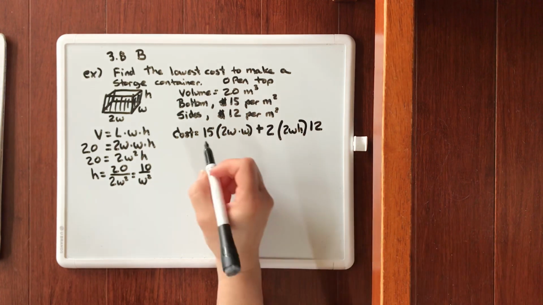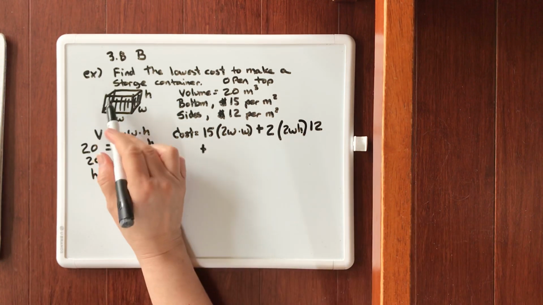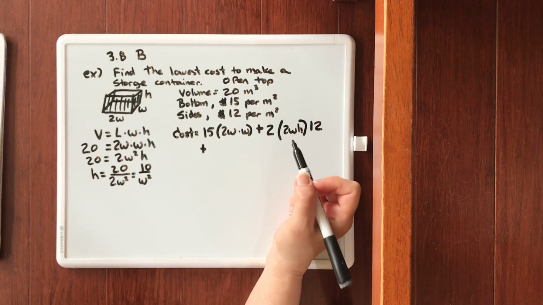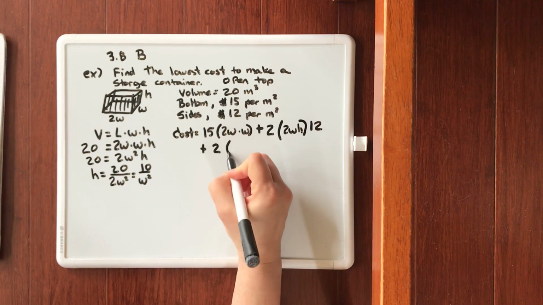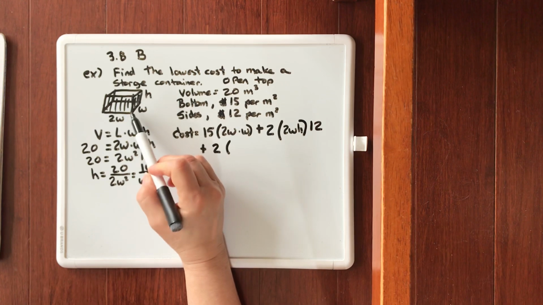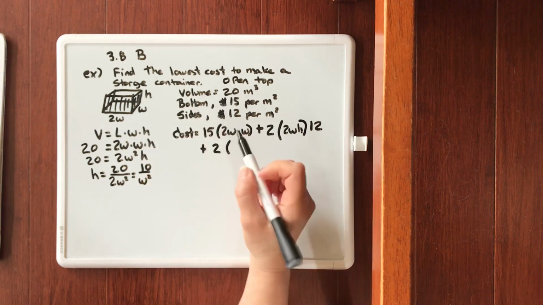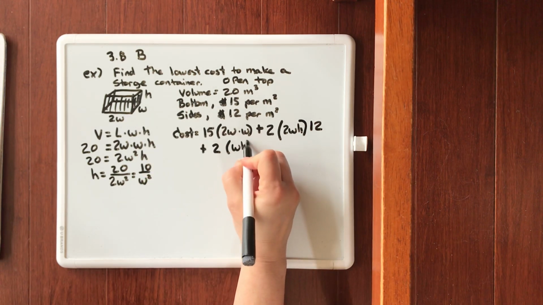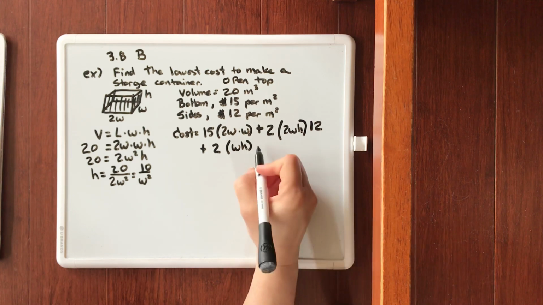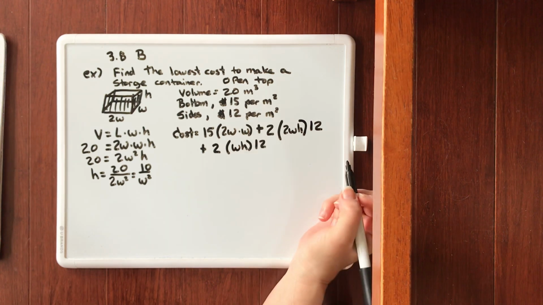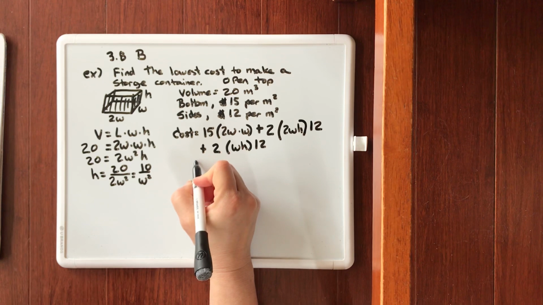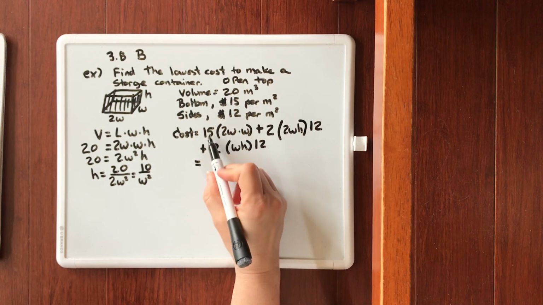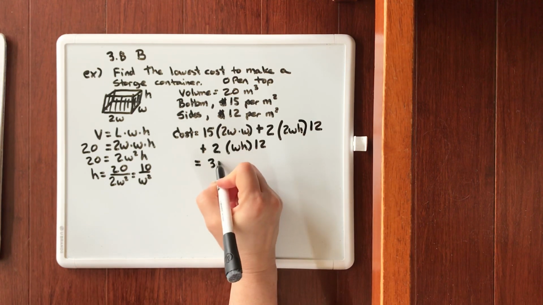Okay, we got to keep adding because now we have the left side and the right side. We have two of those, and the area for the left and the right side are WH, and that also costs $12. Okay, so let's continue with this. We have 30W squared.